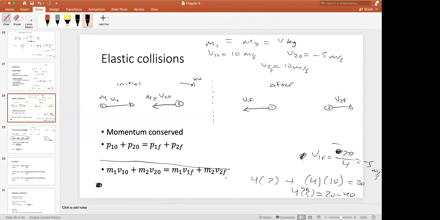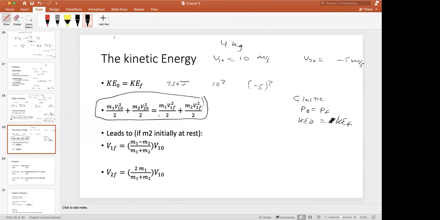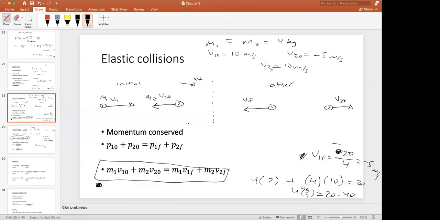So take this equation right here and take this equation right here, and using the fact that if V2 initially is at rest, using those two equations, you can solve for these two equations. What you do is if this guy is at rest, you get M1 times (V1 initial minus V1 final) is equal to M2 V2 final.